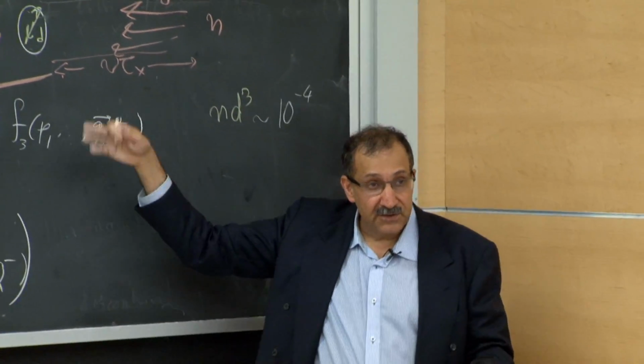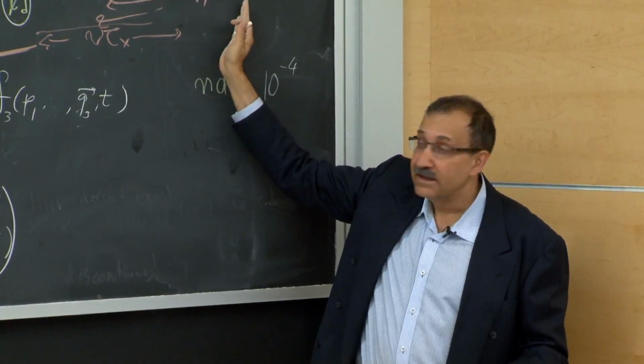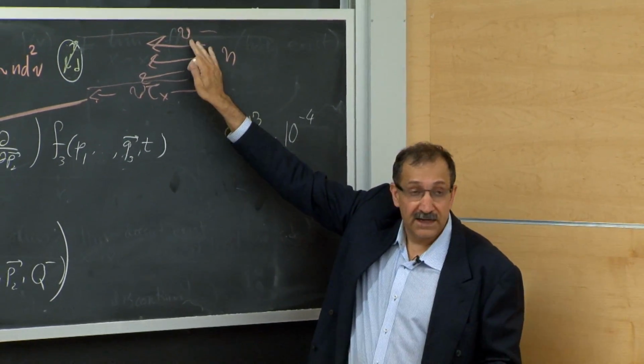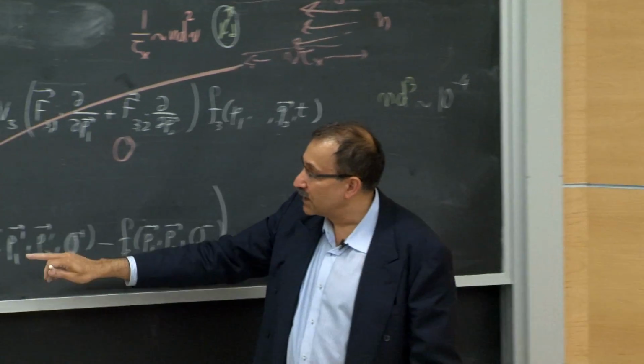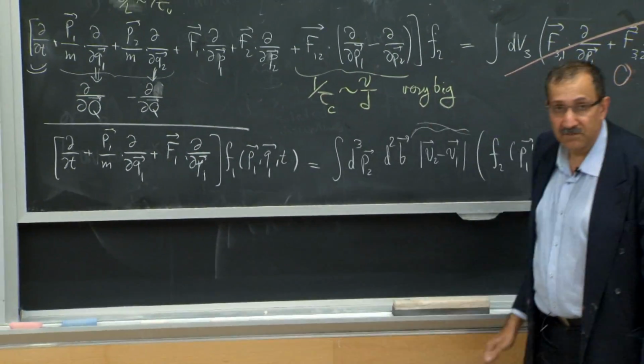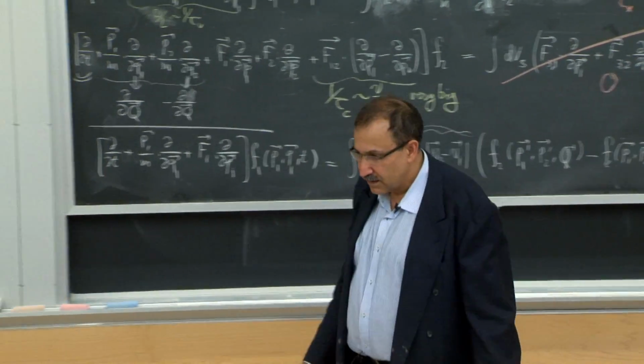So the time between collisions, if you like, is proportional to n, and it is also related to v. And so basically, that's what this is. I need some kind of a time between the collisions that I make.